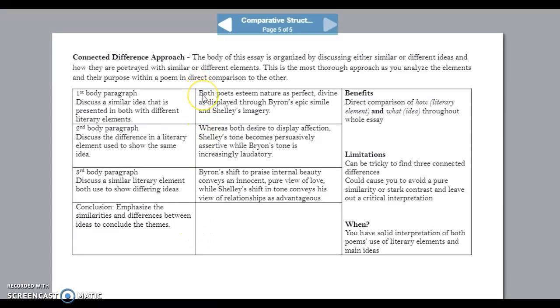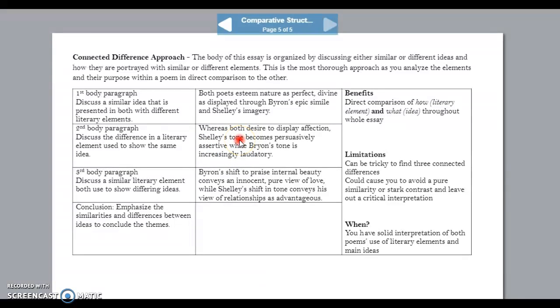So in the first body paragraph, I'm exploring how there's a similar idea of nature as perfect, but they use different methods. In the second claim, I'm exploring how they have that similar idea again, but they use that different tone.